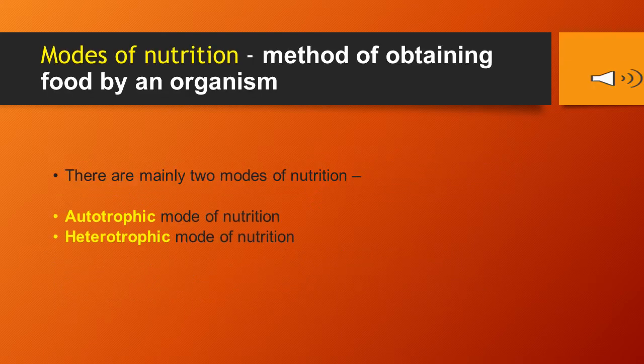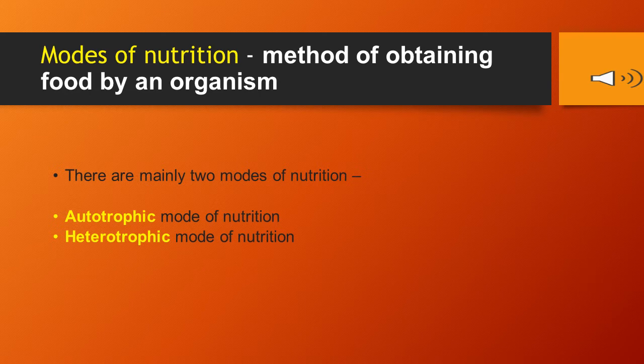So let's see what are different modes of nutrition. Kids, there are a large number of organisms and they live in different environmental conditions. Similarly, they have various methods of deriving nutrients from the environment. So what we understand is that the methods of obtaining food by the organism are known as modes of nutrition.